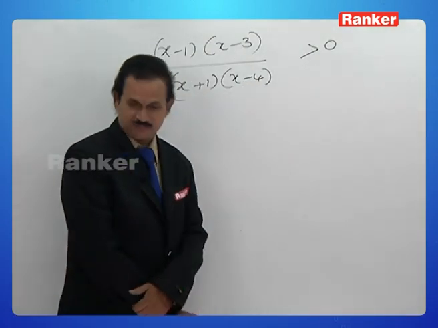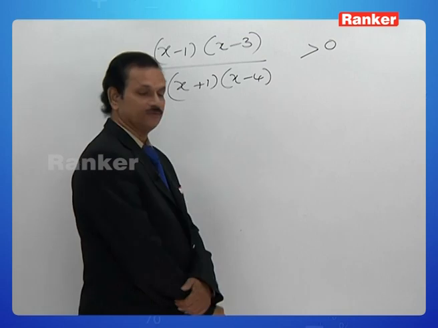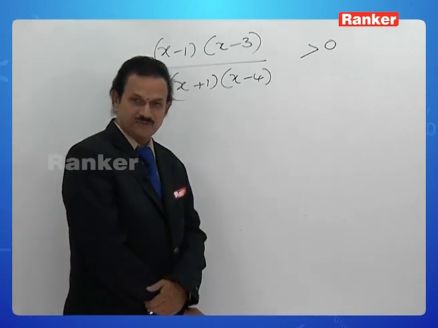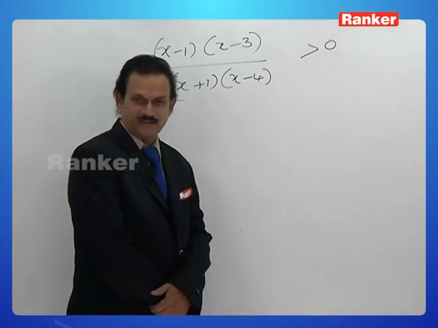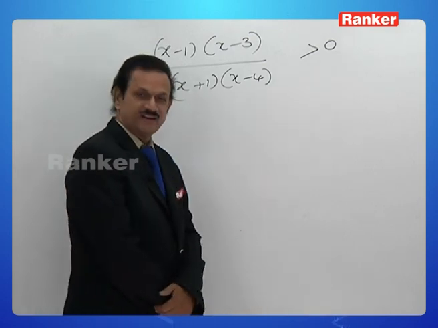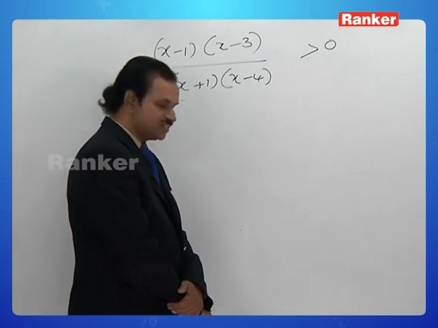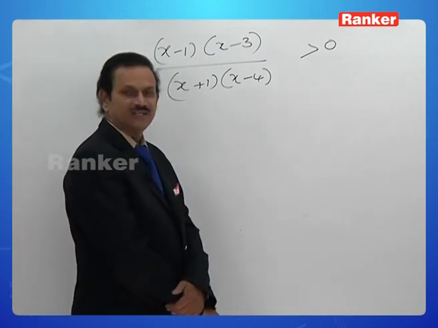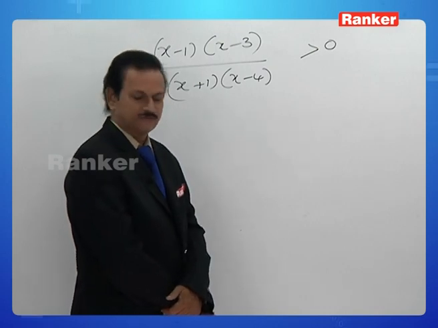How to solve it? This must be greater than 0. Numerator is a quadratic expression. Denominator is also a quadratic expression. To find its range and finding the conditions of validity of that greater than 0 symbol is not very easy. Of course it is easy.